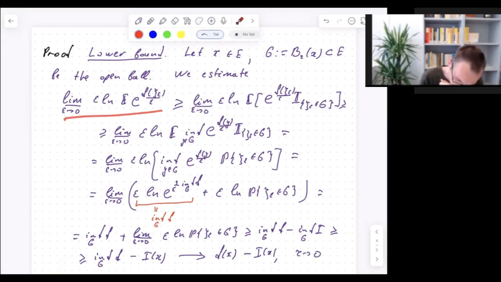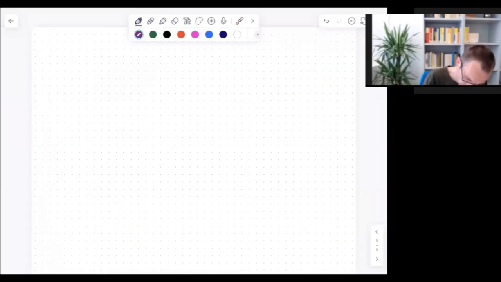Since the left hand side doesn't have any r here, you see that this limit, which does not change when r goes to 0, is larger or equal than this expression.